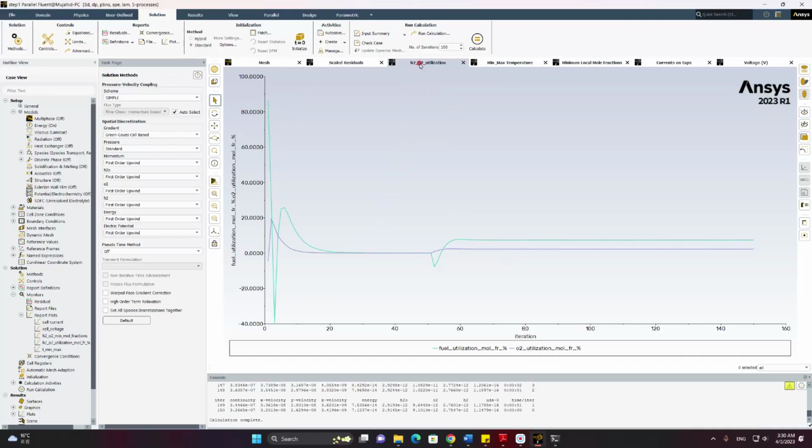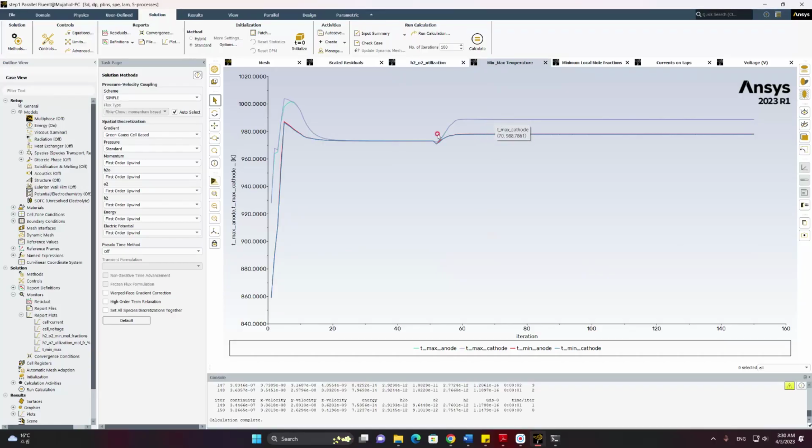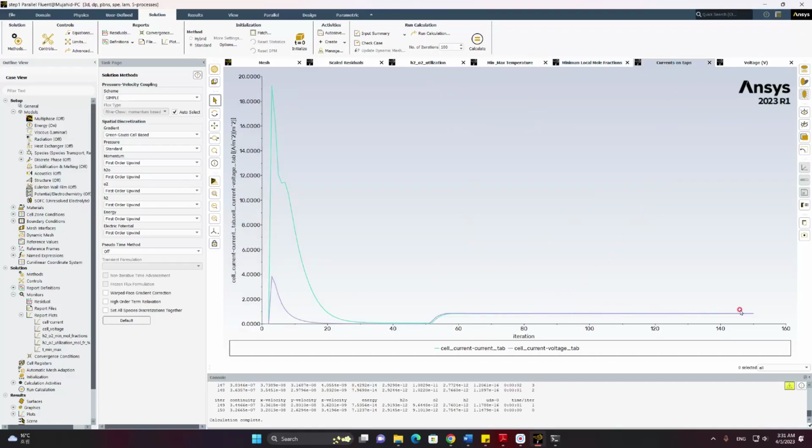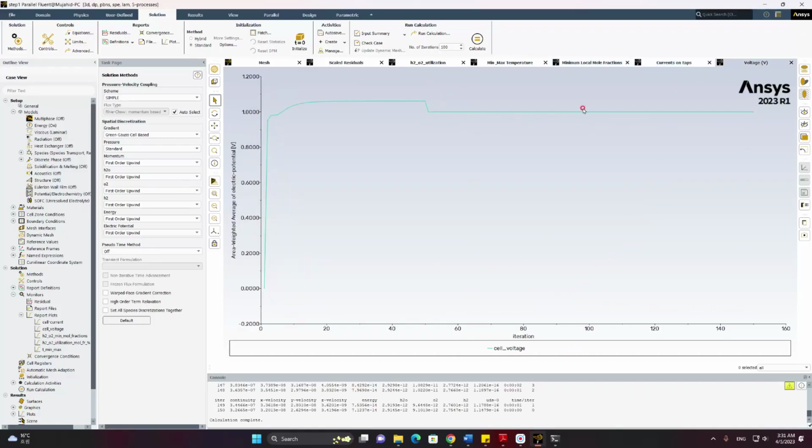So the H2 and O2 utilization actually increase, fuel utilization increasing quite a lot, and O2 utilization increases also, but the temperature also increases from the OCV to the 1 volt, and you can see the minimum mole fractions for hydrogen have decreased significantly. The current on taps exactly increased, the current increased, but we see the sudden drop in voltage. Now we will keep decreasing the voltage every 0.1 till 0.4 as given in the manual.